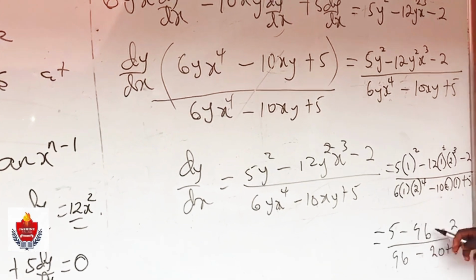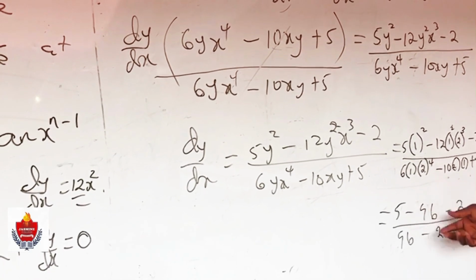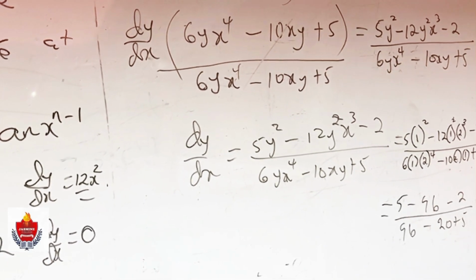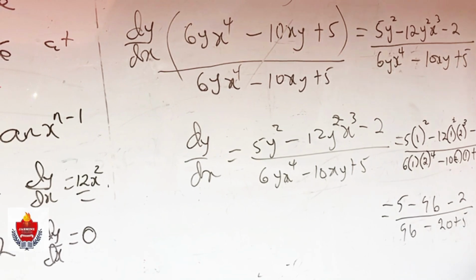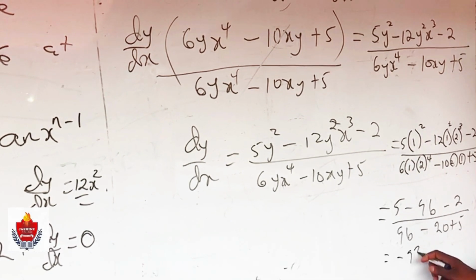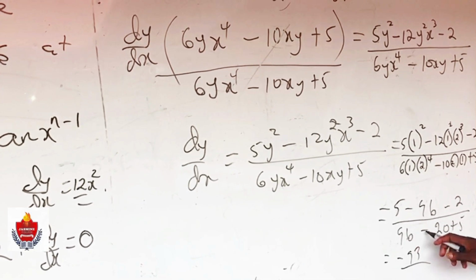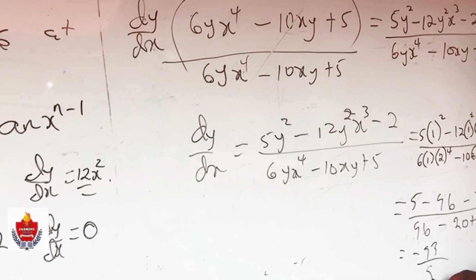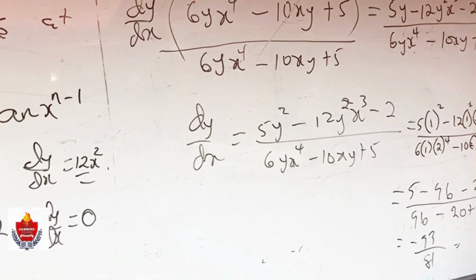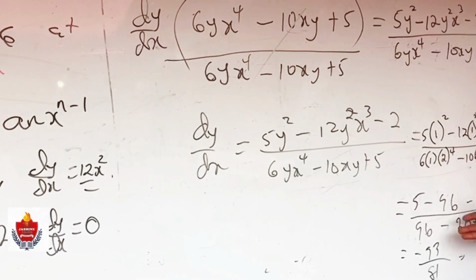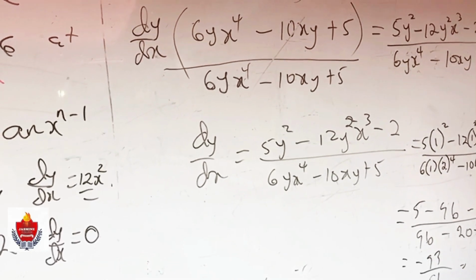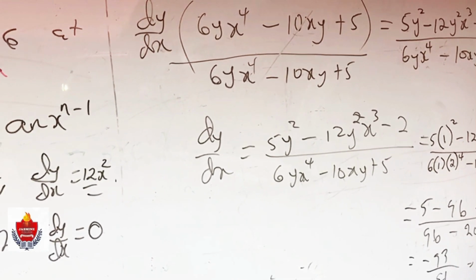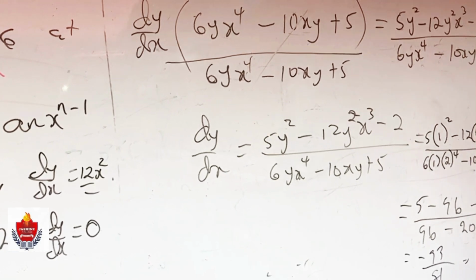And then from here, you have your answer. 5 minus 96, minus 91, minus 91 minus 2, you have minus 93, over 16 minus 20, 16 minus 20 you have minus 4, plus 5... the answer is minus 93 over 81. Then in your mixed fraction, you have minus 1 and 12 over 81.